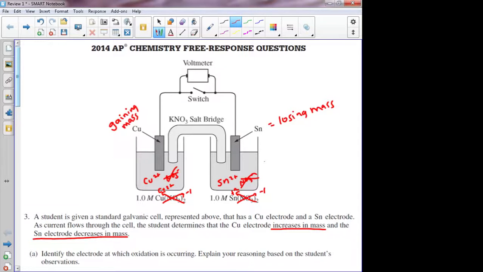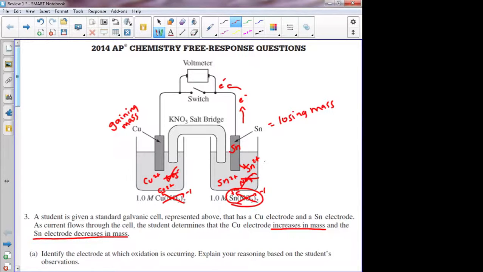If it's losing mass, that means the solid tin, the solid Sn on this electrode, is losing electrons. So the solid tin is going into solution as Sn2 positive. How do I know it's going in as Sn2 positive? Because that's the solution they gave me.